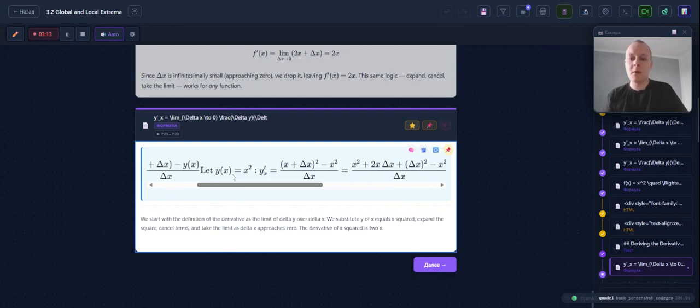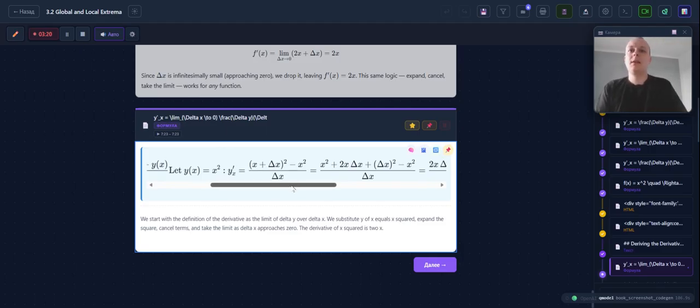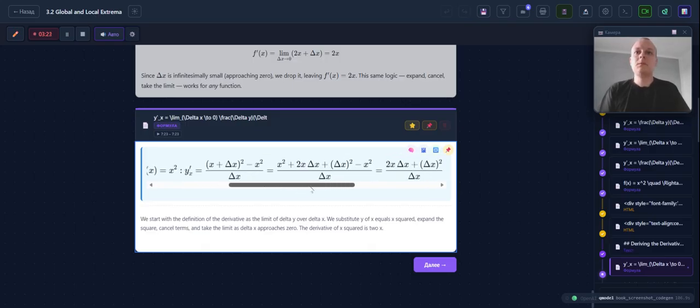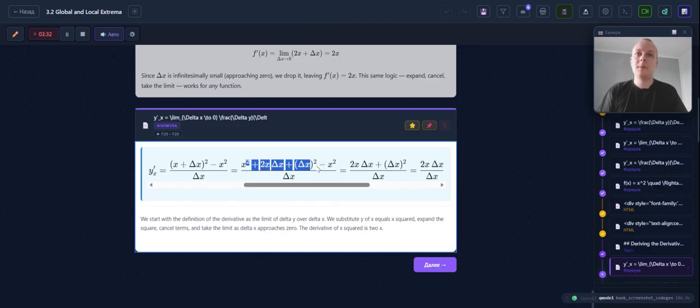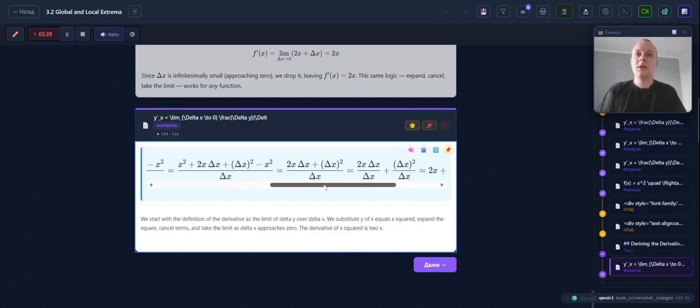So let our function be x squared, and we can calculate it like this. By opening the brackets, we get this way of writing the same thing, and x squared and minus x squared will be cancelled out, and we will have just double x multiplied by delta x plus delta x squared, divided by delta x.